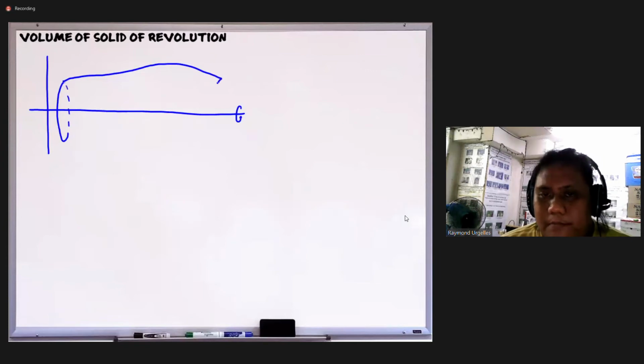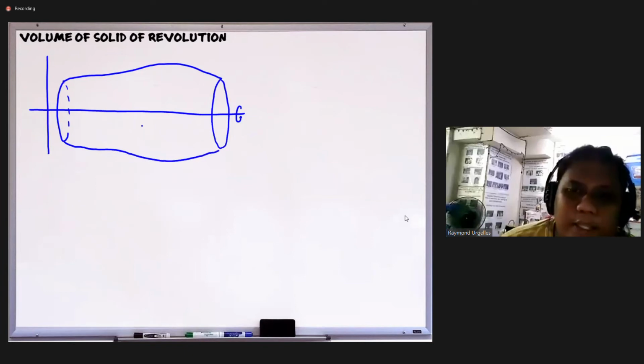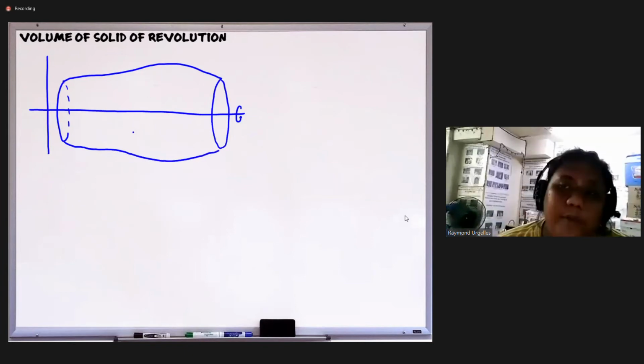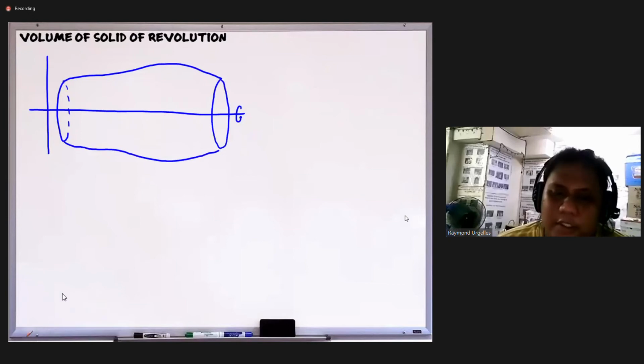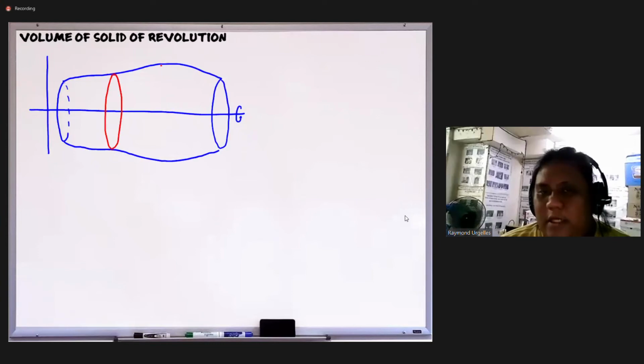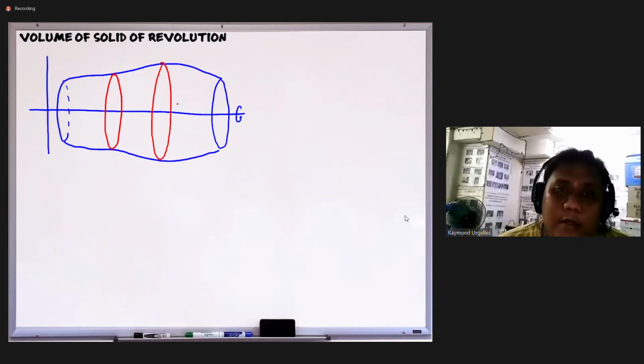Okay? So again, ito yung tinatawag natin volume of revolution, diba? And yung pinaka-idea natin for a volume of revolution is magkakaroon kasi siya dito ng cross-section. So kung titignan natin lahat ng cross-section niya, pagdating sa isang volume of revolution, the cross-sections are always circular.